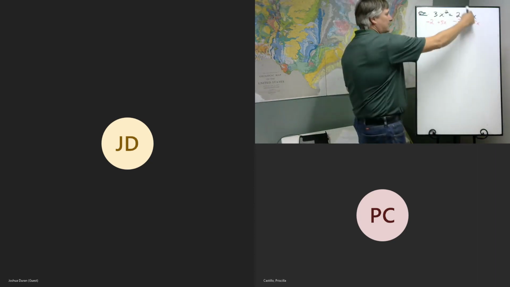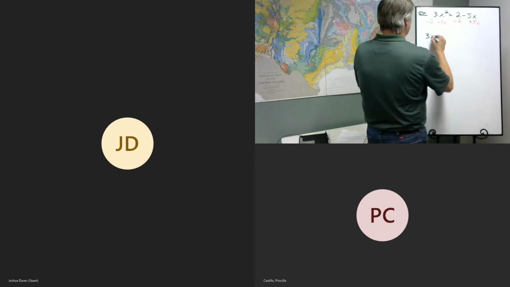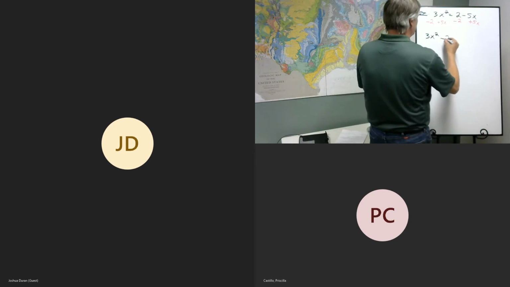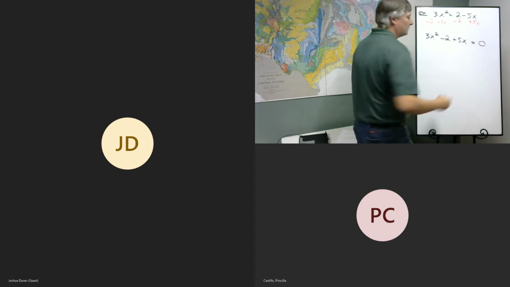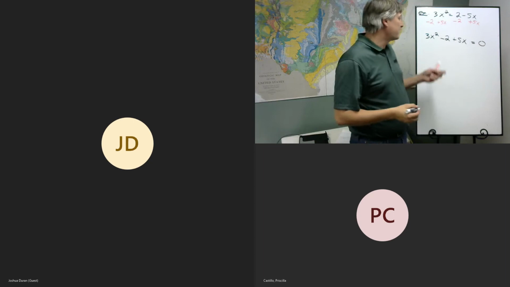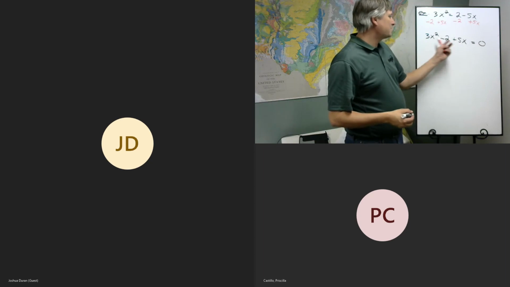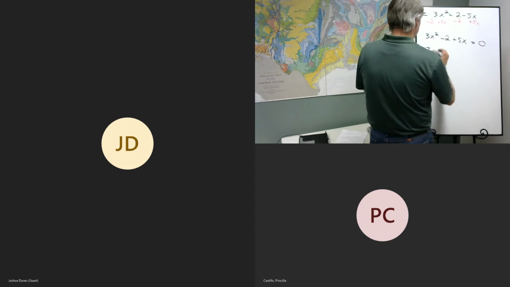Well, these will cancel. You have 3x squared minus 2 plus 5x is equal to 0. Now let's put this in standard form. We have the x squared, and then the x, and then the constant term.